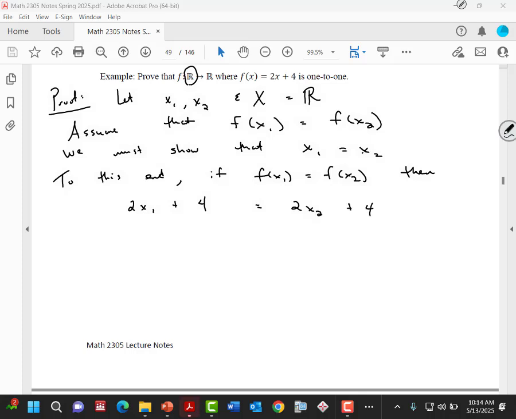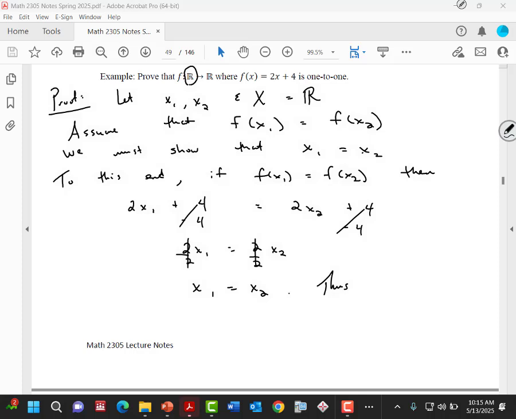In essence, I simply evaluated the function at x1 and then x2. If I do a little bit of algebra and arithmetic, I subtract a 4 from both sides, so 2x1 equals 2x2. And if we divide through by the 2's, then I get x1 equals x2.